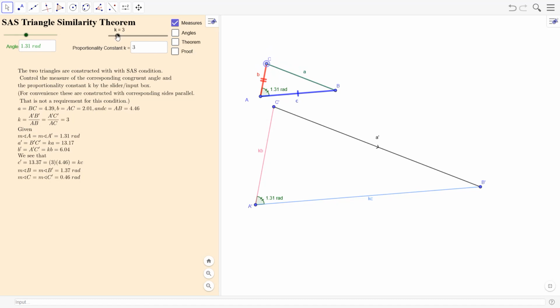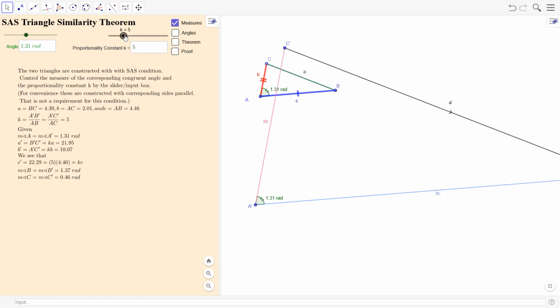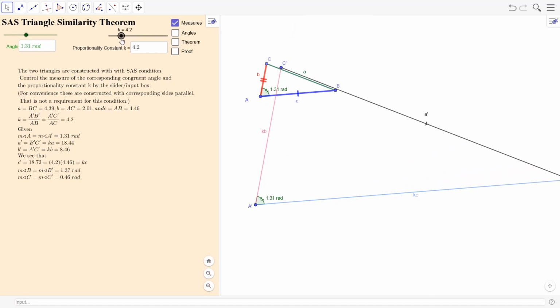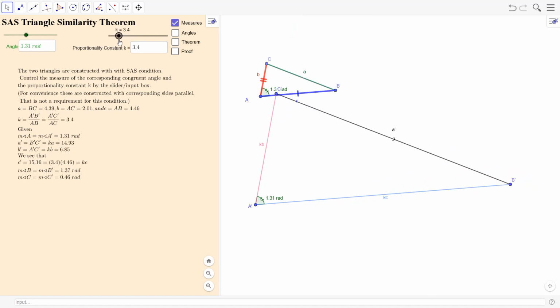Then we can change this factor so that we can make the sides longer or shorter in the second triangle. Each of the sides, the blue side down here, A prime to B prime, is k times the distance from A to B. If we call the distance from A to B c, then this is k times c, and right now k is 2.8. And this side b is 2.8 times this one. So that's all we're given.